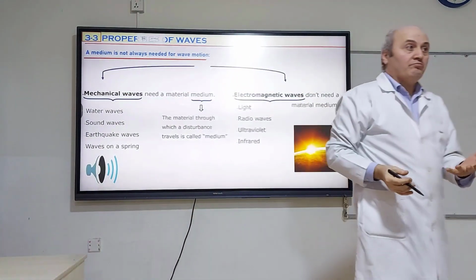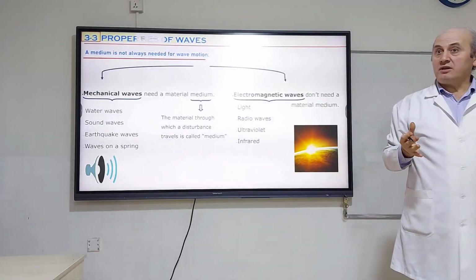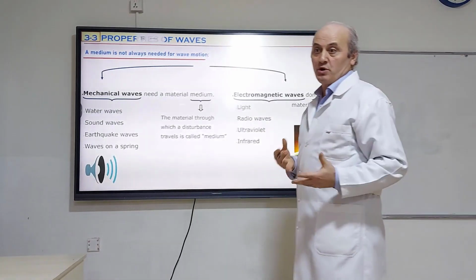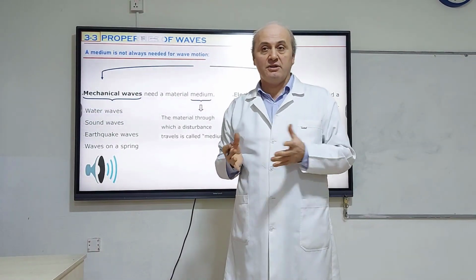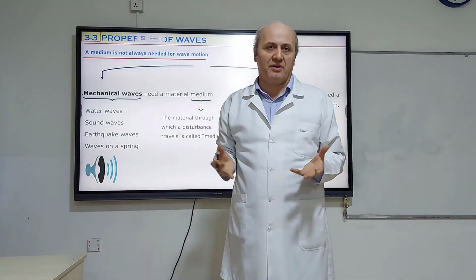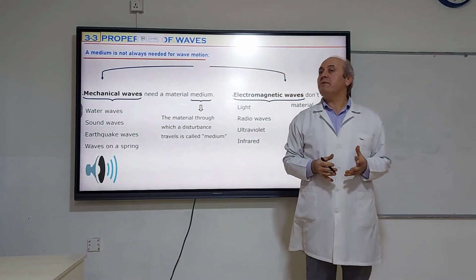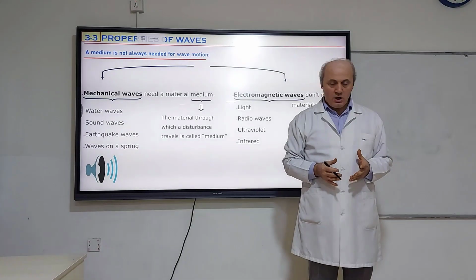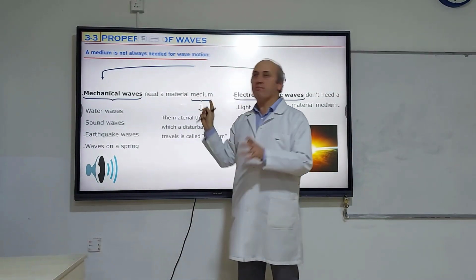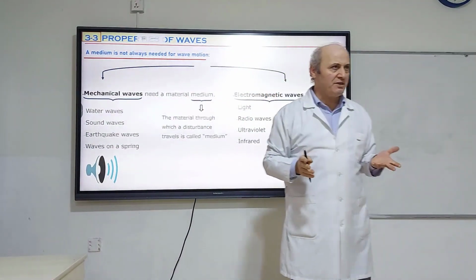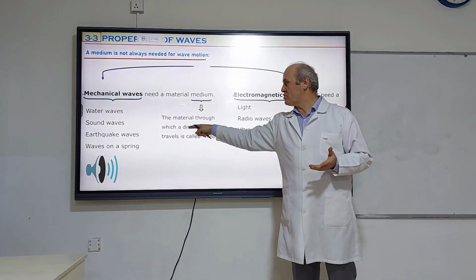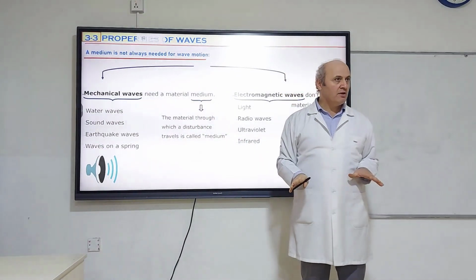Waves need a disturbance to disturb some medium or some place. You need a medium and particles, like water. But not every wave needs a medium to travel. Only mechanical waves need a medium. So what is a medium? The material through which a disturbance travels is called a medium.